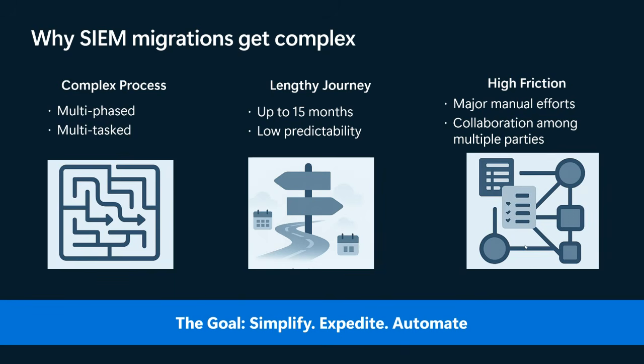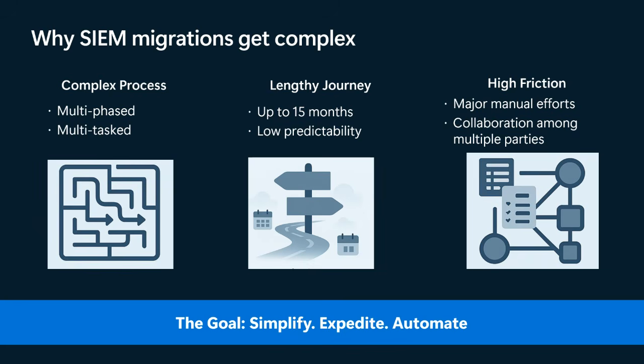There is high friction, which is usually because of the collaboration among different teams, and this involves approvals using different tools and getting approvals for each different phase. Overall, the goal is to simplify and expedite this entire SIEM migration process and automate as much as possible.